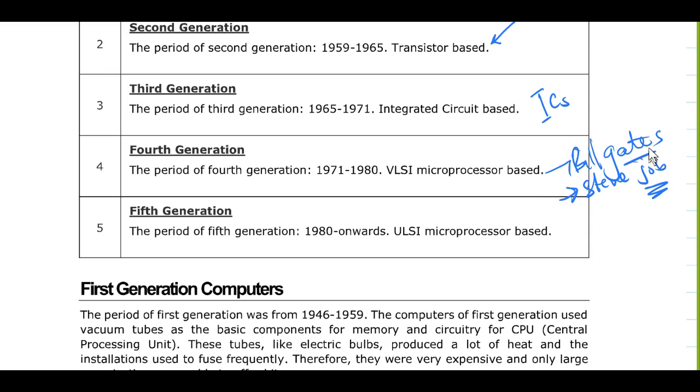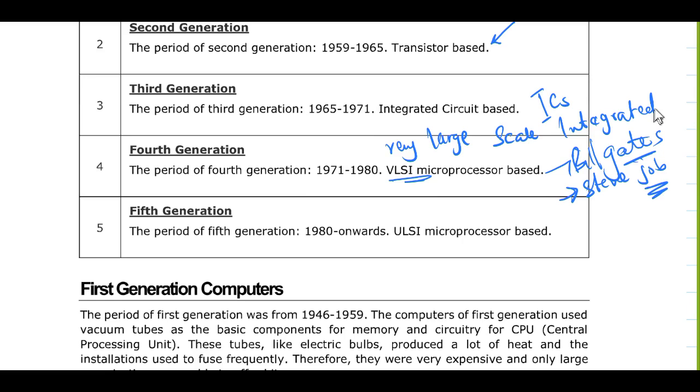And the concept there is what is called very large scale integration. It's a form of ICs that allowed them to have thousands of electronic components installed in a single chip, and a chip could be the size of an inch or even less. 1 inch, 2 inches, it can store 1,000 or more electronic components.